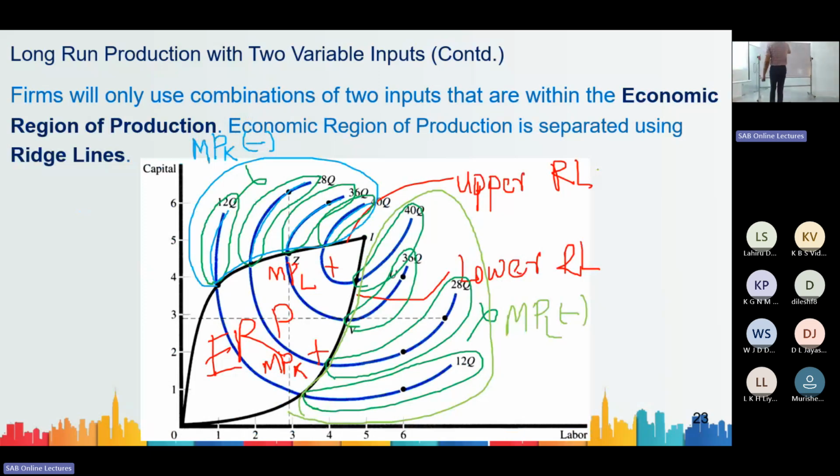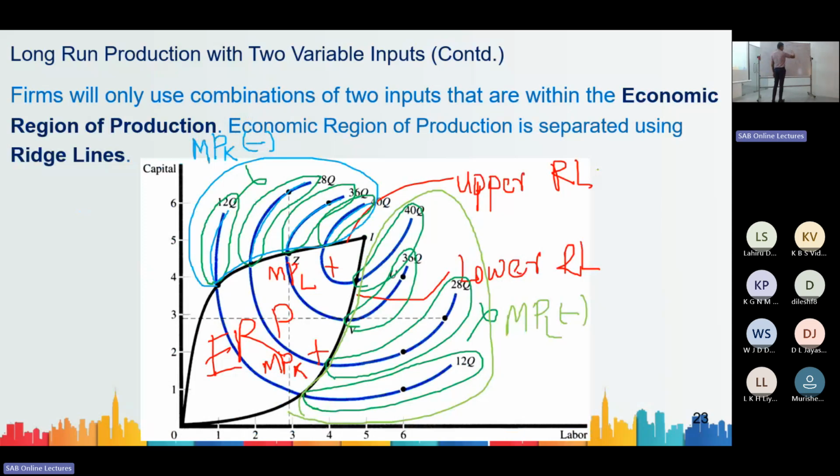These portions of isoquants are positively sloped. The positively sloped portions of isoquants are irrelevant for a rational producer because these positively sloped portions report a negative marginal product of capital.